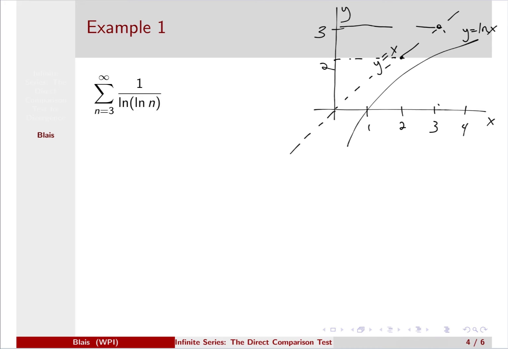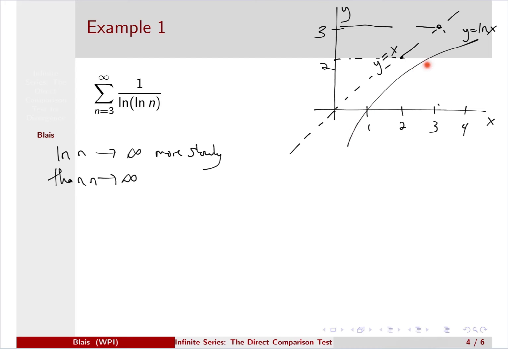Well, what that means intuitively is natural log x is going to infinity more slowly than x. So natural log of n goes to infinity more slowly than n goes to infinity.